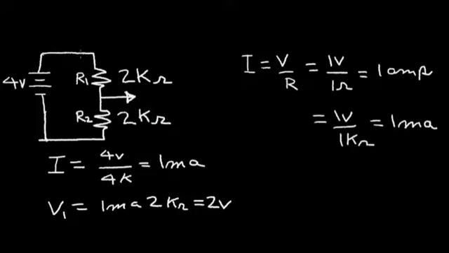So we've divided this 4 volts into 2 volts across this resistor, and since the same current flows through the other resistor and it's of equal value, I have 2 volts here. 2 volts, 2 volts. So if the resistors in the circuit are equal, the voltage divides equally among the 2 resistors.